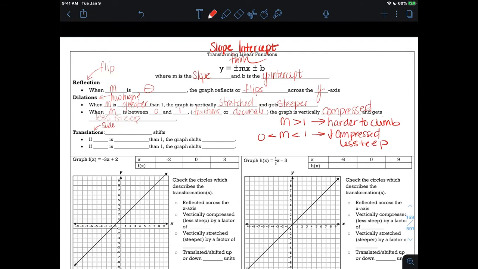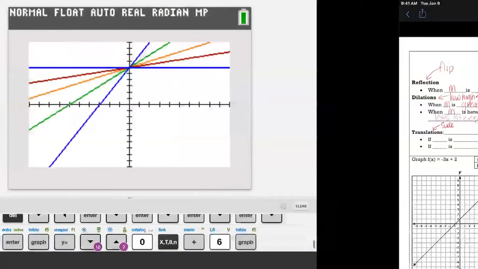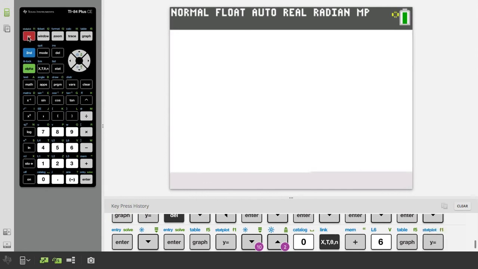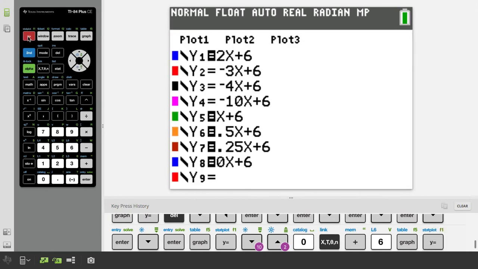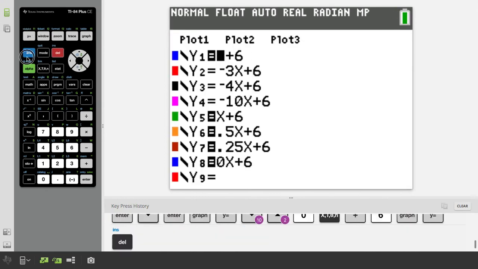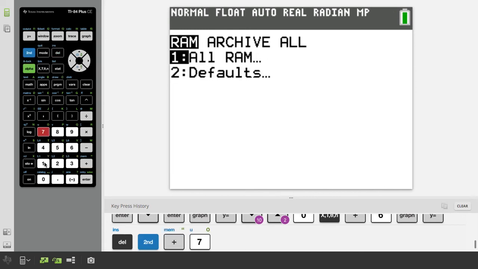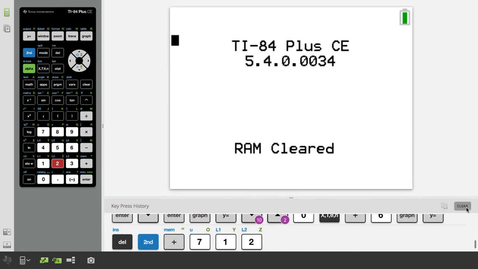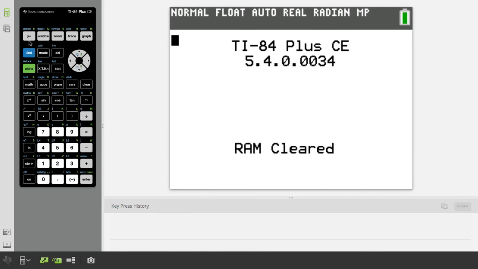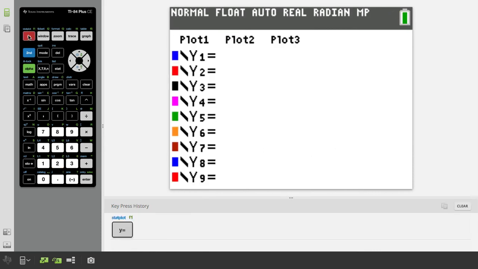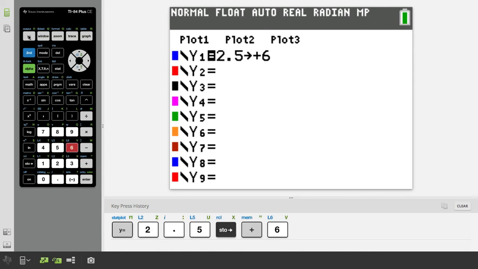Okay, let's talk about these translations. These translations are sometimes called vertical shifts. Let's go ahead and clear out all these. I'll just make this easy on myself. All right. So I'm going to go back. I'm going to type in a random equation. Okay, so 2.5x plus 6, right?